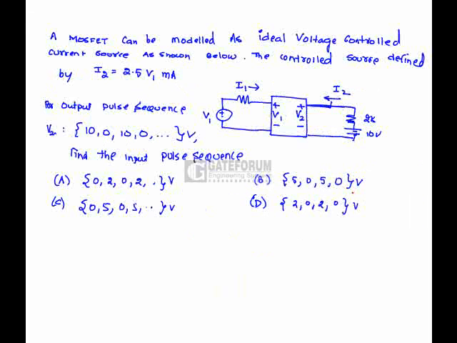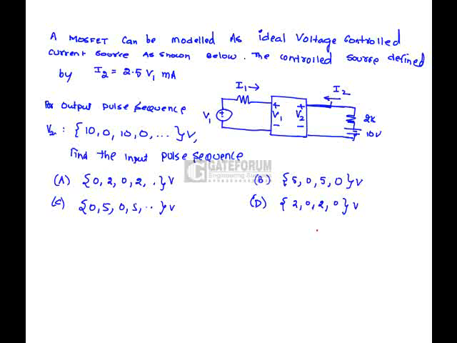A MOSFET can be modeled as an ideal voltage controlled current source as shown below. The control source is defined by I2 is equal to 2.5 V1 milliamps. So as per the data, I2 depends upon the value of V1. For the output pulse sequence, V2 is given as follows: 10, 0, 10, 10, 0.